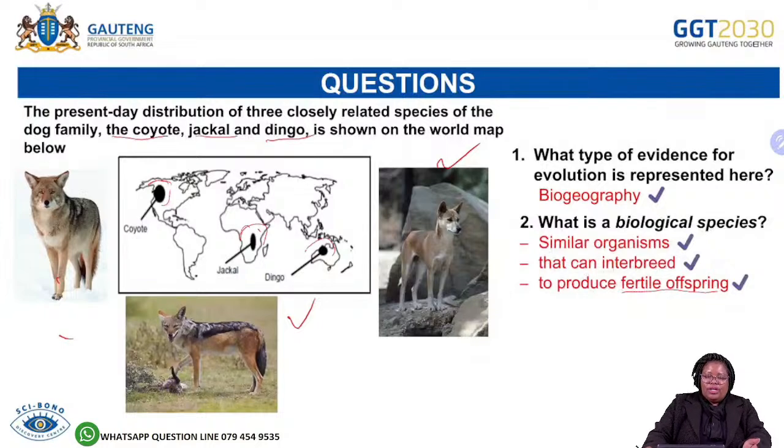So it's important also, after learning all those evolution concepts and the terminology, to look at the mark allocation, and look at what is given. In this case, we are given a map. In this case, we are given organisms that can survive there, right? Now, what is a biological species?